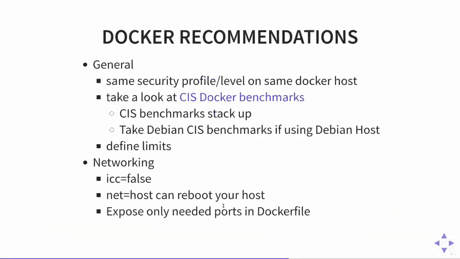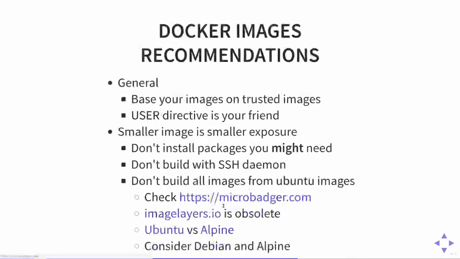If you look at what you can do from the images standpoint, you can look at the CIS Docker benchmarks and see how you can harden it. And from the networking side, I already told you about turning ICC on. From the security standpoint, it's really similar to everything else. You should base your images on trusted images, and you should use the USER directive.